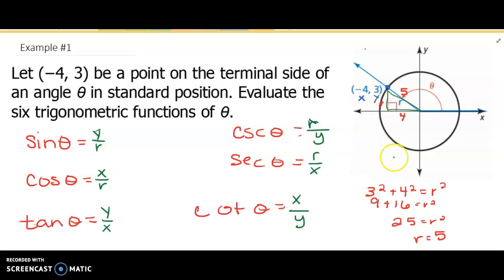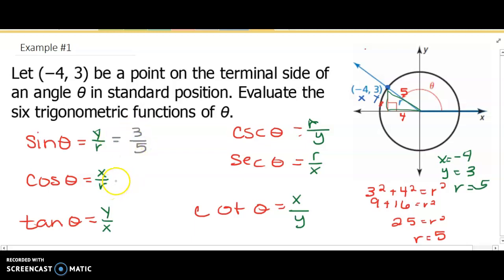So from here, all I'm doing is plugging it in. Remember, my x is -4, my y is 3, and my r is 5. So if I plug each of these in, y over r, this is just 3/5. X over r, this is just -4/5. Tangent is y over x, which is -3/4.